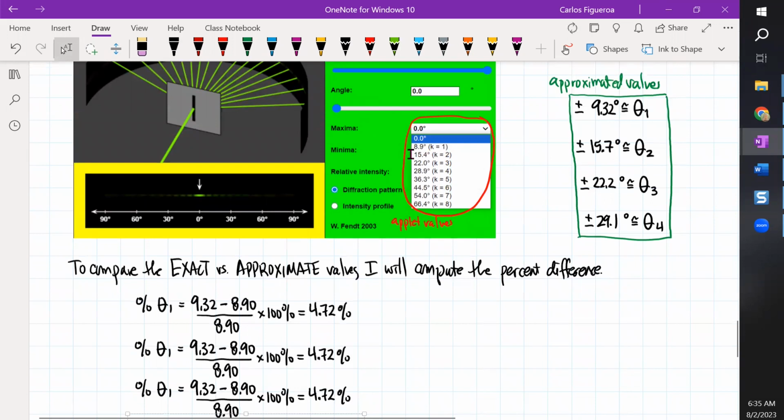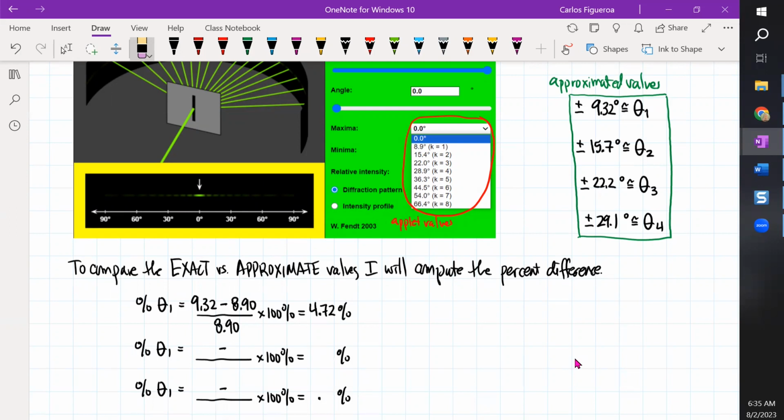You could see that this is 15.4, this is 22.0, this is 28.9, and then we have these values right here. I'm going to move fairly quickly, and what I really want to show you is the trend of what we're actually seeing.